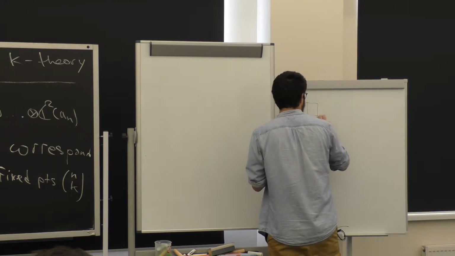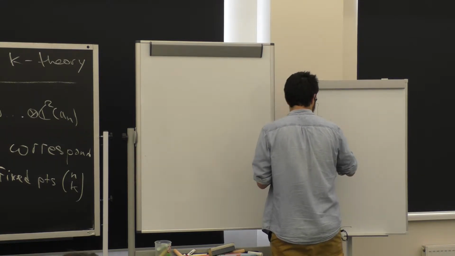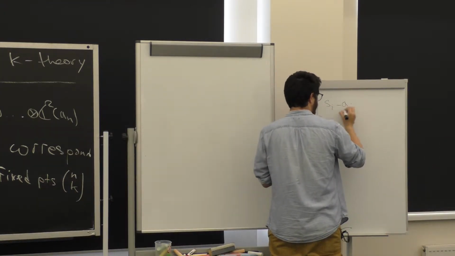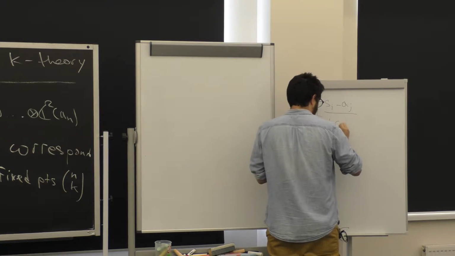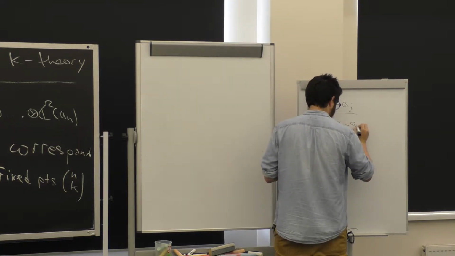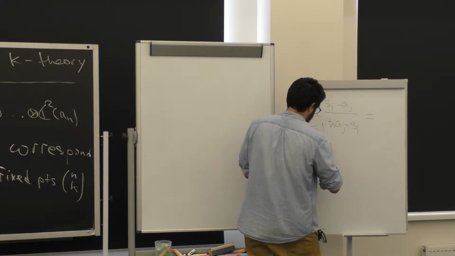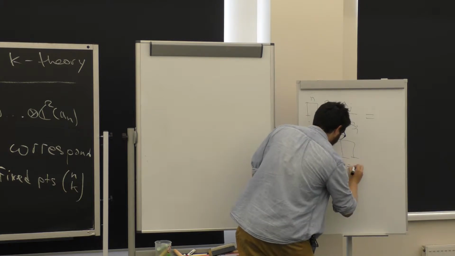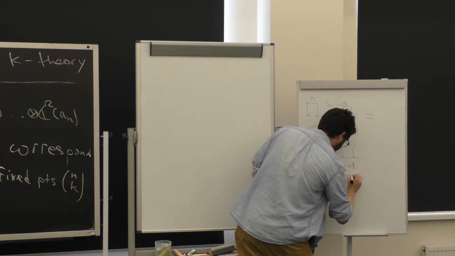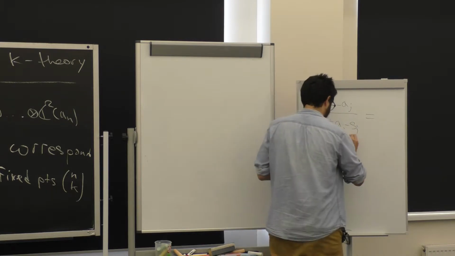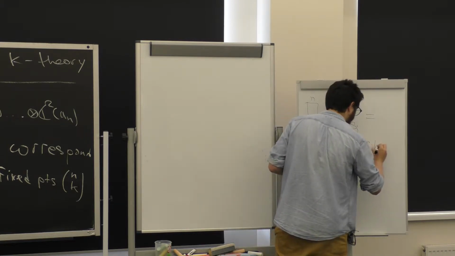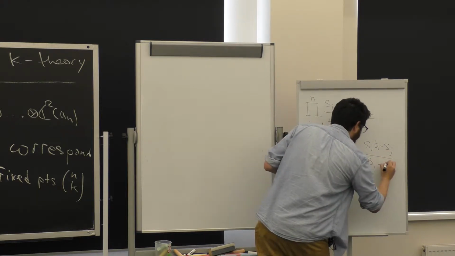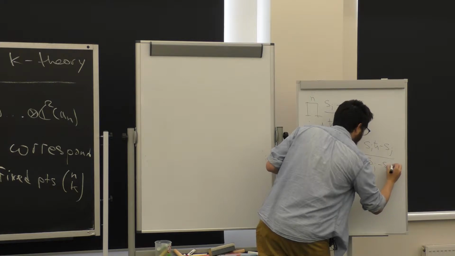So Bethe equations: product from j equals 1 to n of (si minus aj minus h bar)/(aj minus si) equals z times the product from j equals 1, j not equal to i, of (si h bar minus sj) divided by (si minus sj h bar).